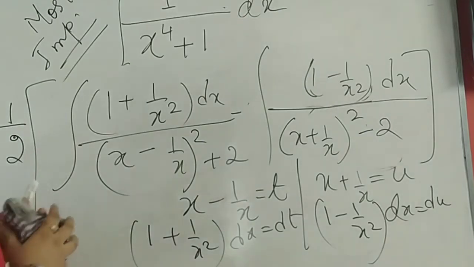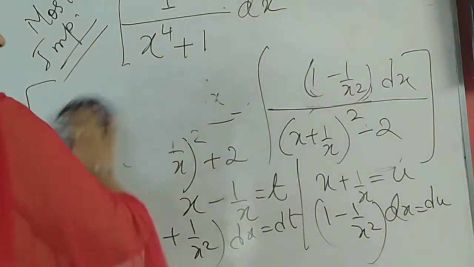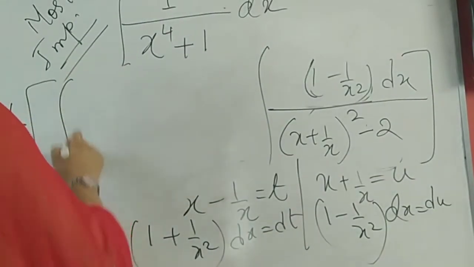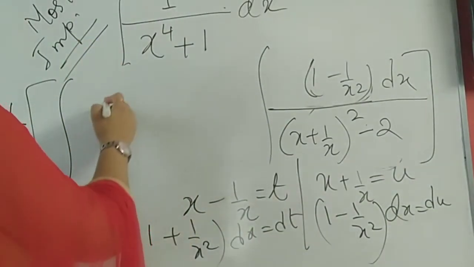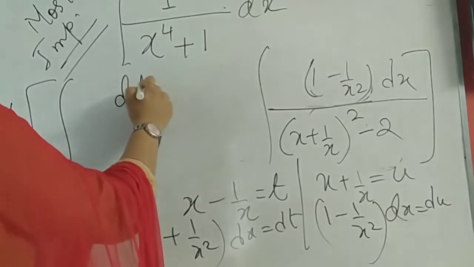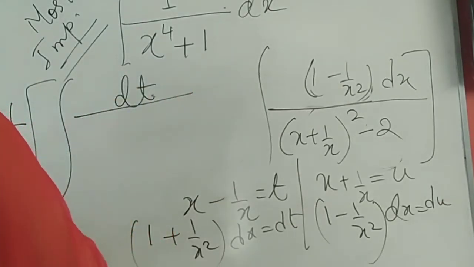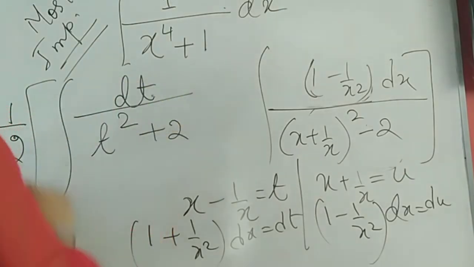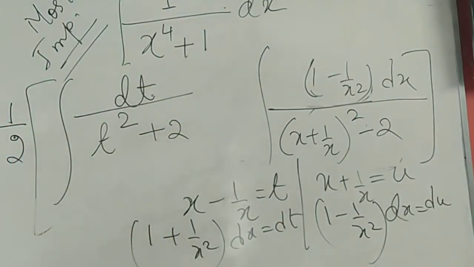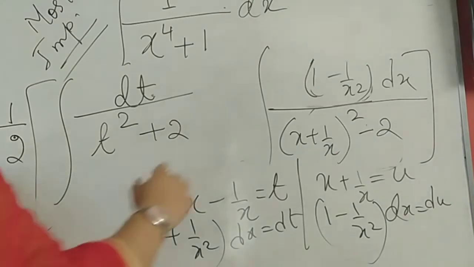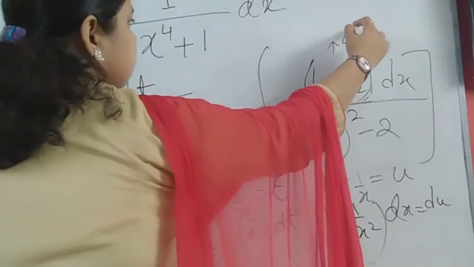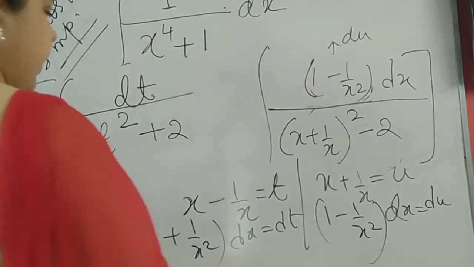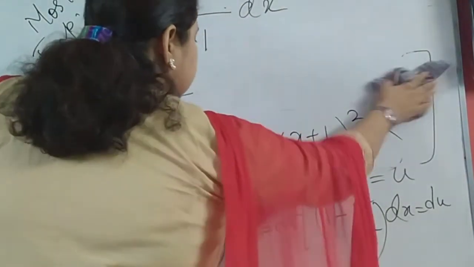So the entire integrand is now in terms of t. What is it? In the numerator it is going to become dt. In the denominator it is going to become t square plus 2. Correct? Here this is going to become du. Here it is going to become u square minus 2. I am going to write that. Erasing.